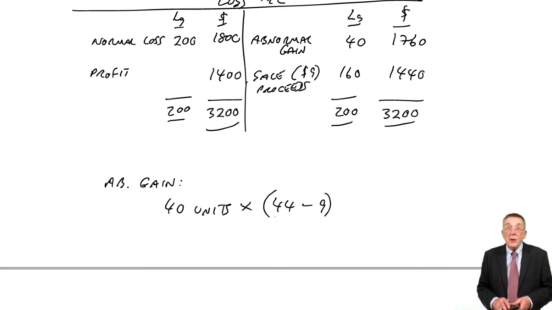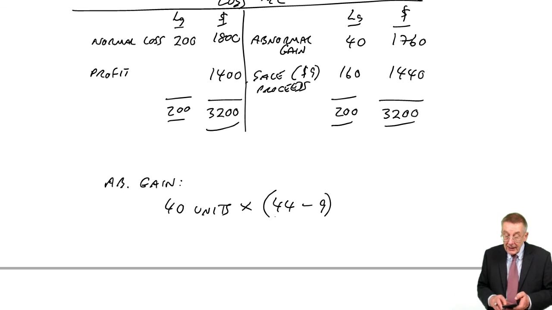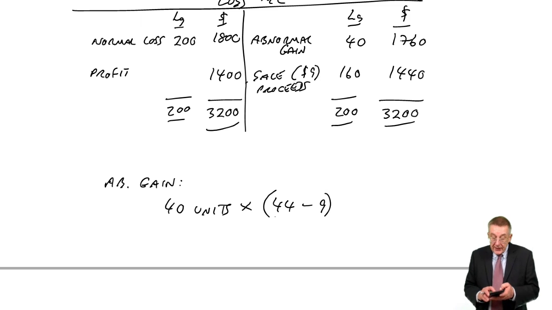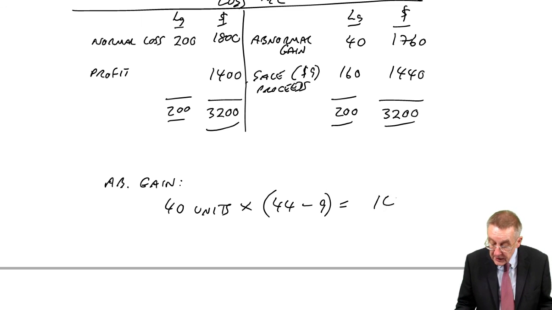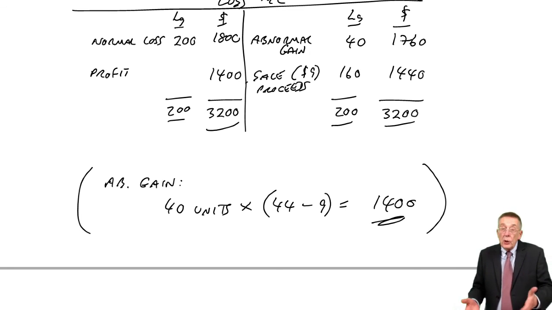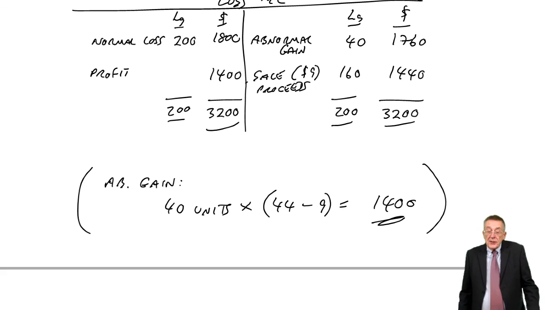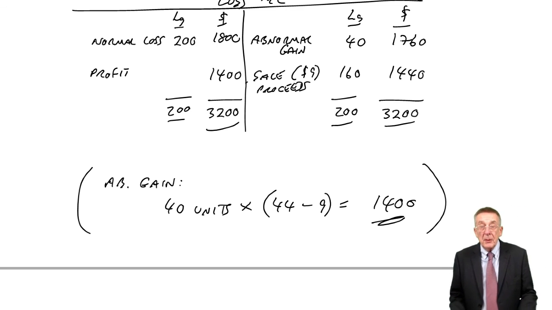But instead, we're gaining 44, the worth of these extra good units. So each unit is giving us a net 35. 40 units at a net 35 is 1,400. Although again, don't worry about that. I just wanted to make sure you were clear what was happening.